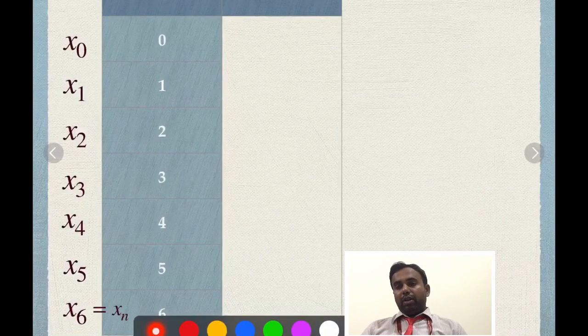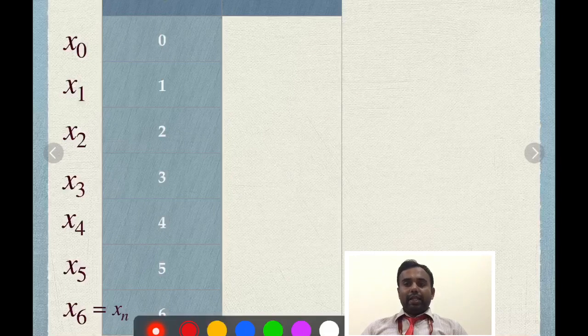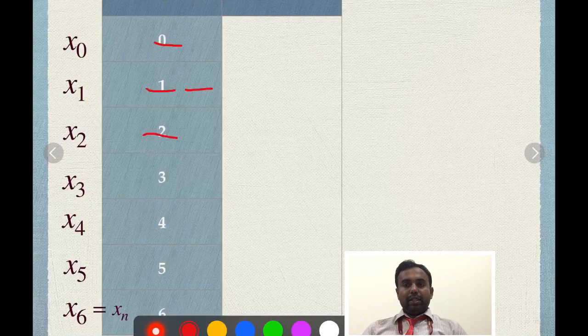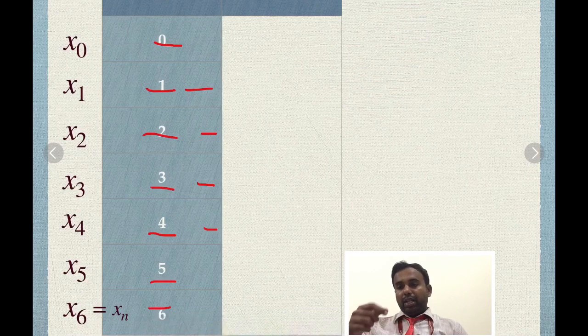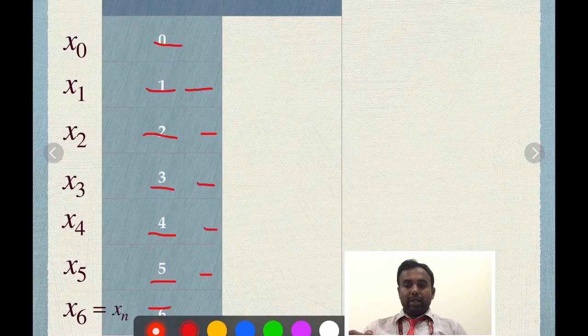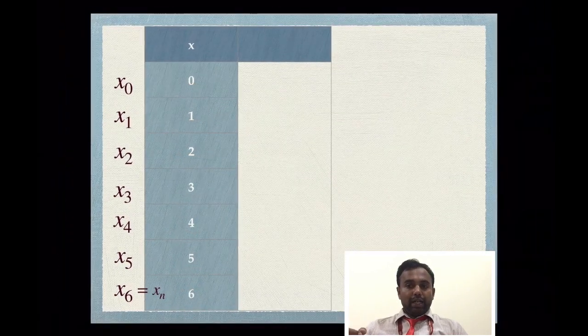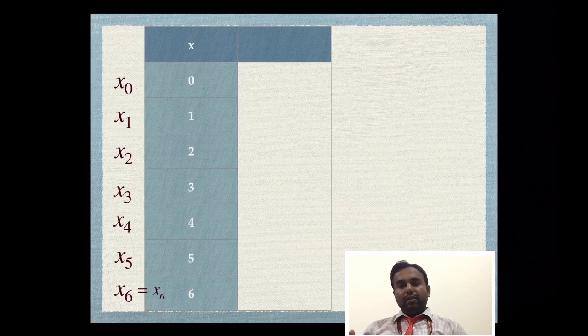If I take the differences x1 minus x naught, x2 minus x1, x3 minus x2, x4 minus x3, x5 minus x4, and finally x6 minus x5, we can observe that x1 minus x naught is 1, x2 minus x1 is 1, x3 minus x2 is 1.